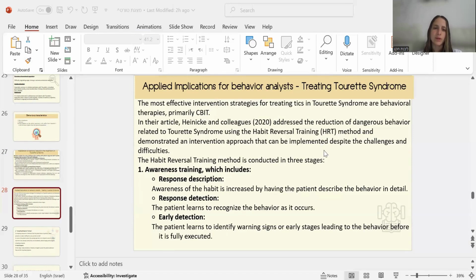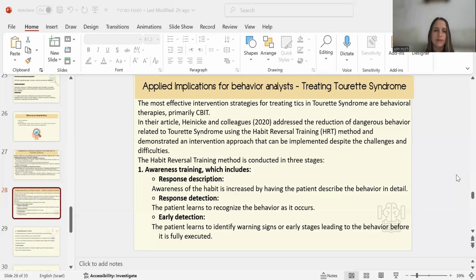The habit reversal training method is conducted in 3 stages. 1. Awareness training, which includes response description. Awareness of the habit is increased by having the patient describe the behavior in detail.